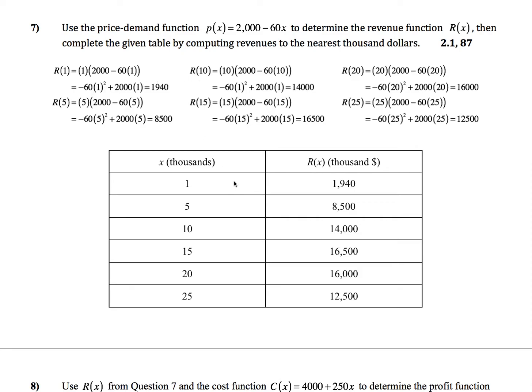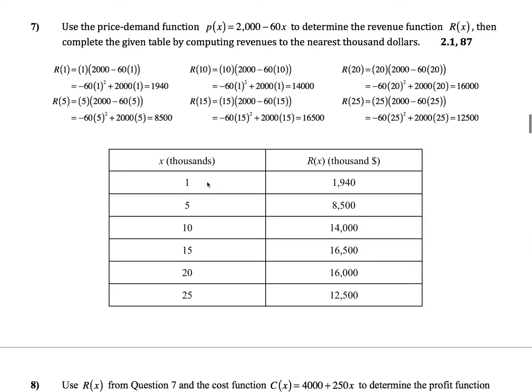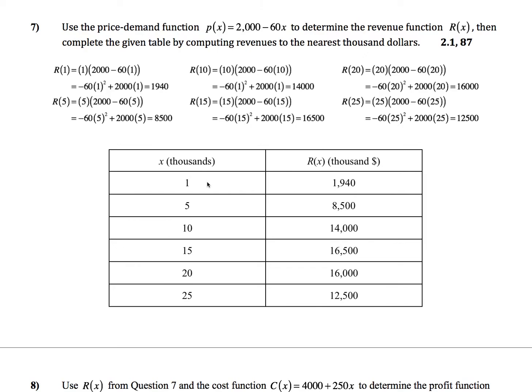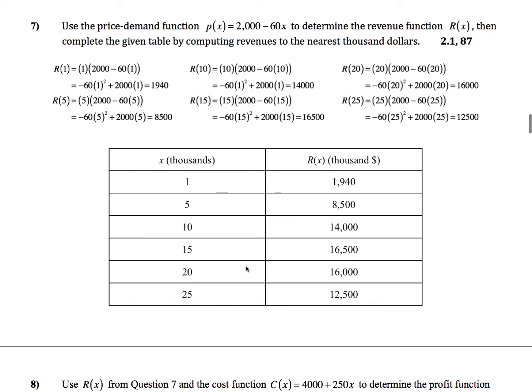And we're supposed to calculate all of these revenues given these manufactured quantities. For 1,000 items, our revenue is 1,940, et cetera.